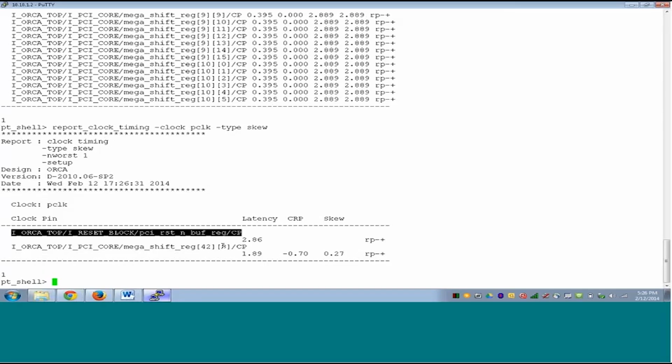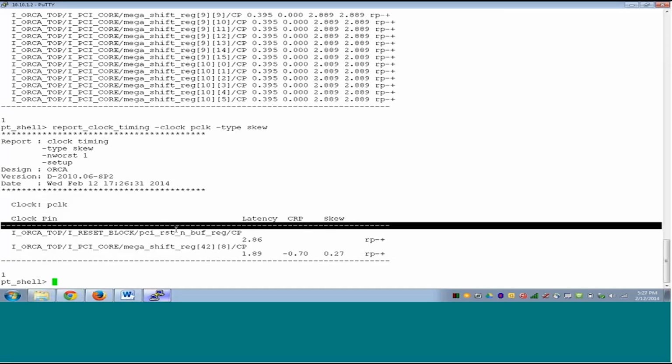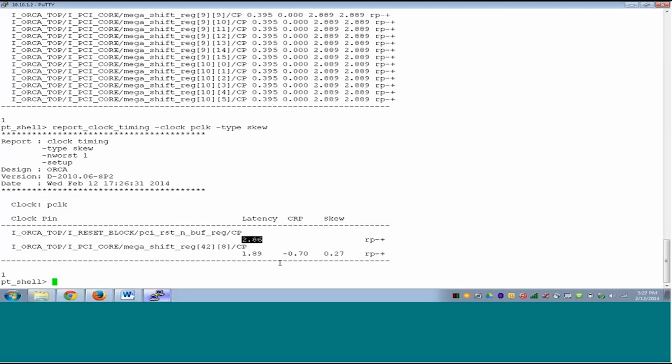So there will be a timing path either from this to this or from this to this, and this is the worst skew. The skew number is calculated as the difference of these two adjusted by the CRPR value. So see the actual skew number.